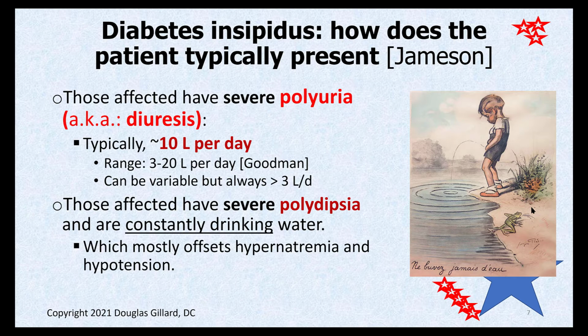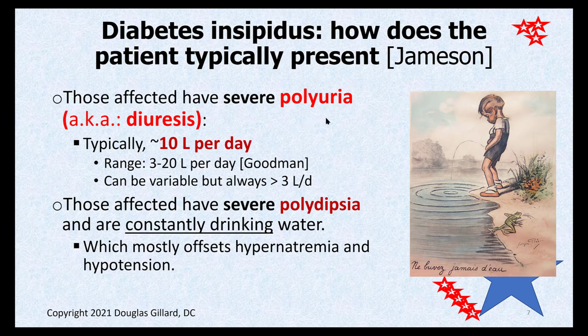How does it typically present? Those affected will be urinating all the time. Officially, it has to be 3 or more liters a day. Normally, it's around 10 liters per day of urine, and it can be up to 20 liters of urine per day. That's urinating probably every hour and a half. It's constantly urinating. But on average, it's about 10 liters a day.